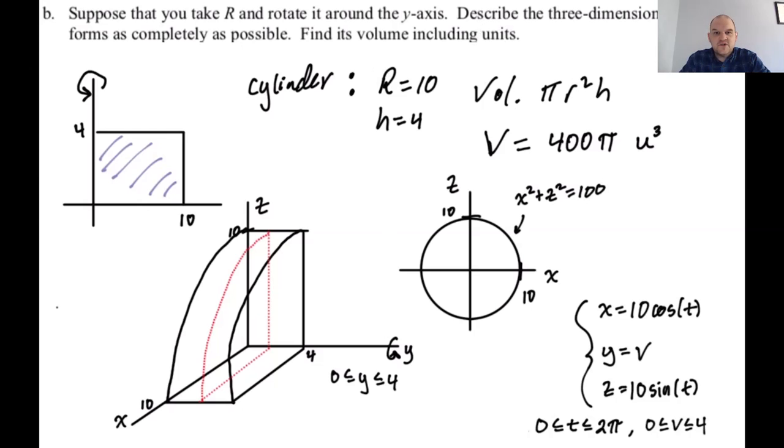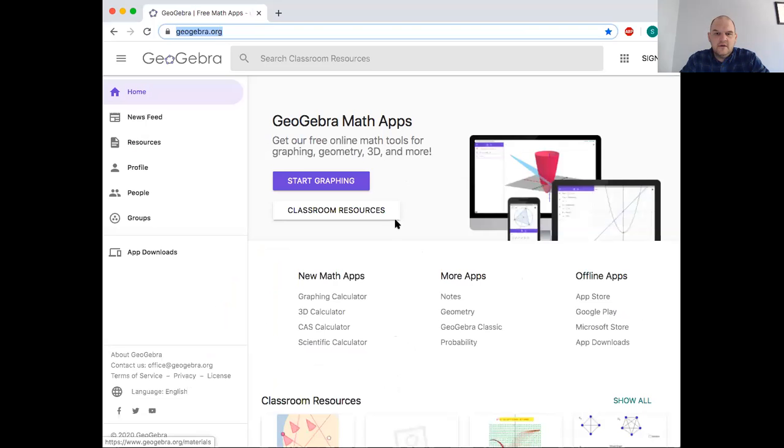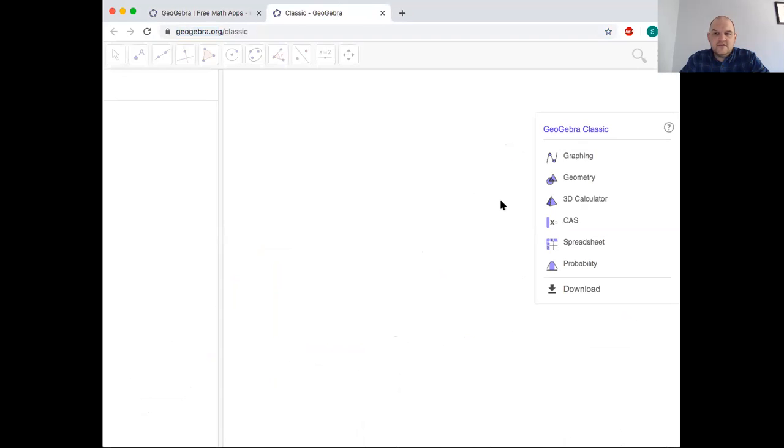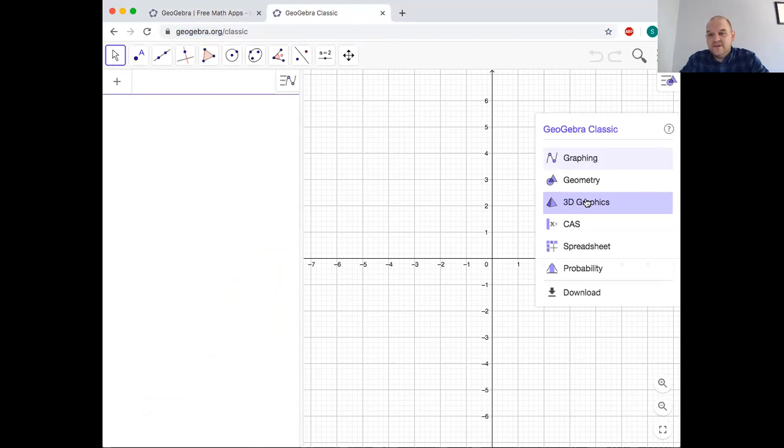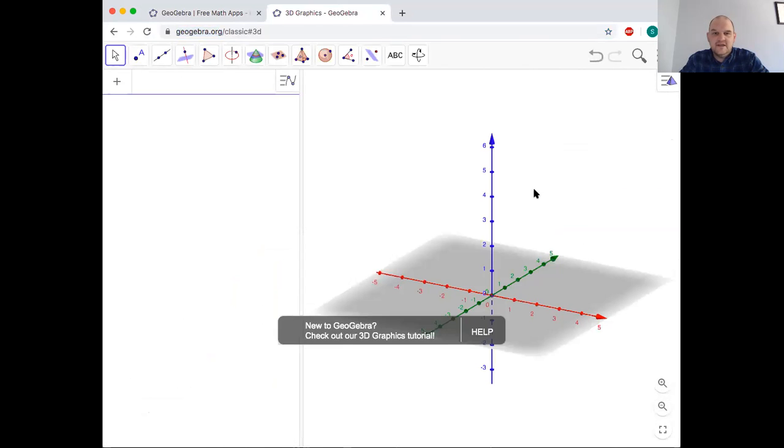I'm going to switch over to Geogebra, and I'm going to graph this, and you should definitely do this as well. In Geogebra Classic, I definitely want 3D. So this is a new command. We've never used this command before, first time ever. And we are going to use the command surface.